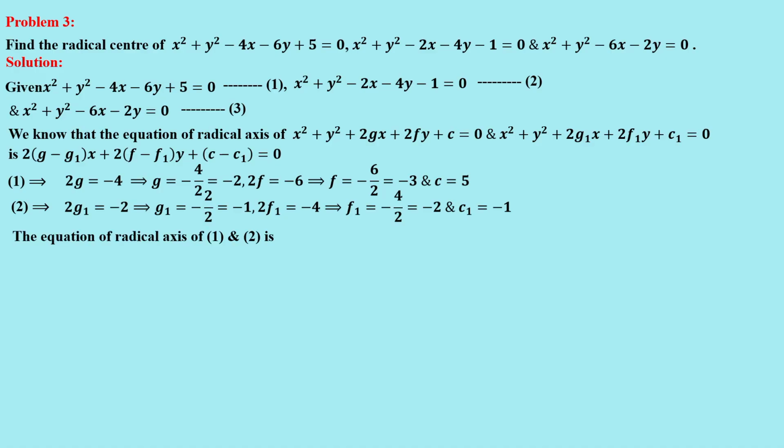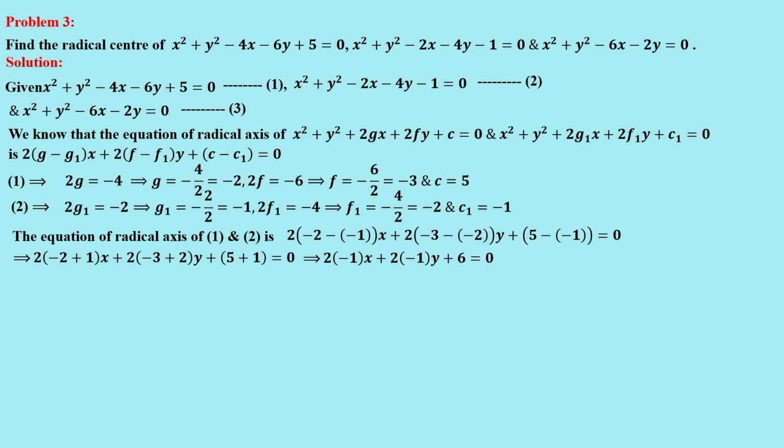The equation of the radical axis of 1 and 2 is 2(−2 − (−1))x + 2(−3 − (−2))y + (5 − (−1)) = 0. So you will get −2x − 2y + 6 = 0, divided by −2, so x + y − 3 = 0. That is equation number 4.